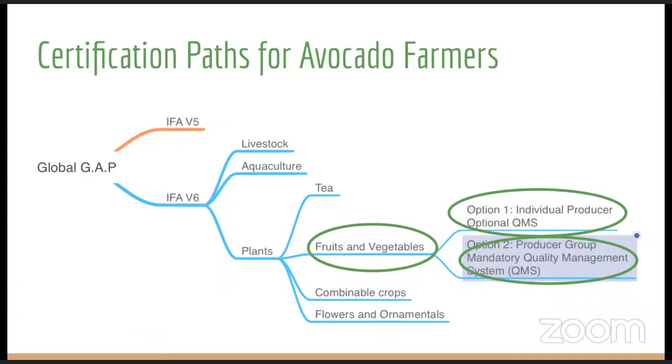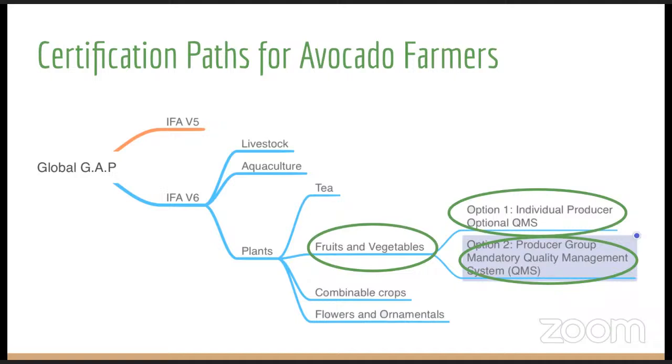And once that's in place, then the group would go through the Global GAP certification process, and they would own that Global GAP certificate. So now what that means is, in terms of exporting, it would be that group that's doing the exporting and working with the outside market. It wouldn't be the individual farmers. So for example, if Mr. Daka was part of the Lusaka avocado, and wants to sell his avocados, they would have to come in and be branded as Lusaka Cooperative Avocados.